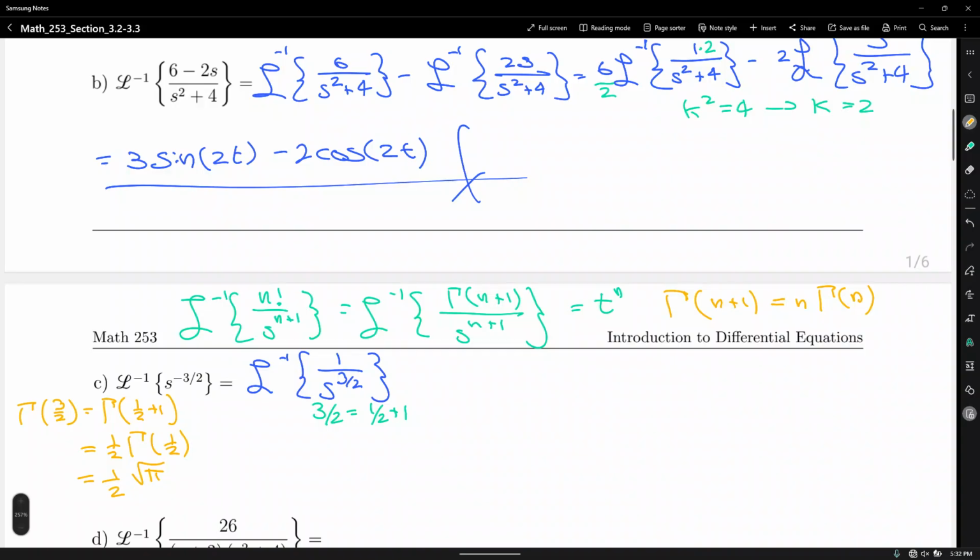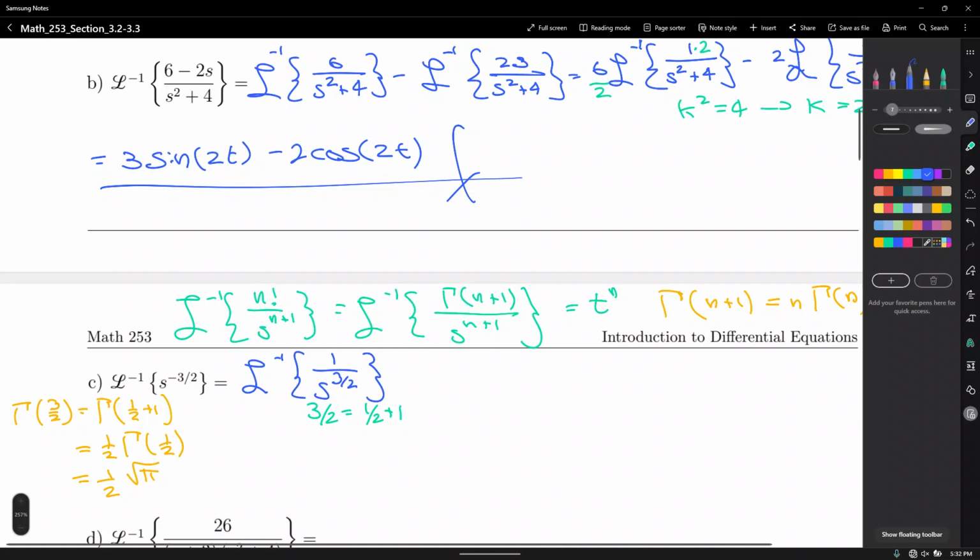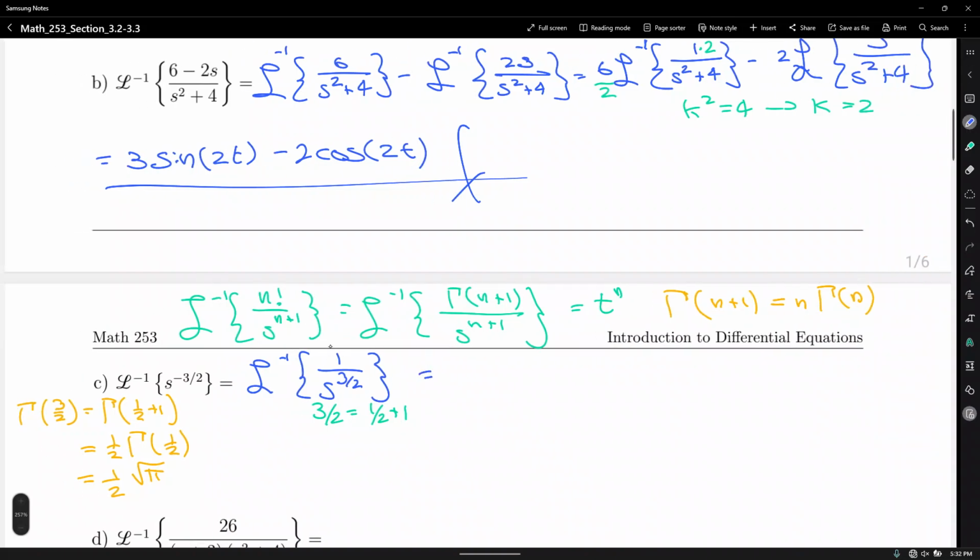All right. So here is the thing. At this point, we can't just find the inverse transform the way it is like this. So I'm going to make some space here. Inverse transform of 1 over s to the 1 half plus 1. Okay, I'm going to break it up as 1/2 plus 1 rather than 3/2.